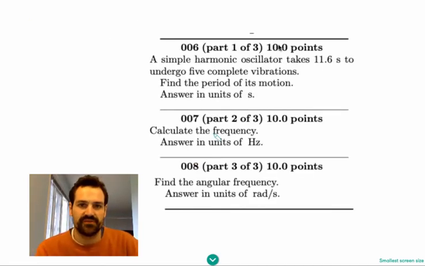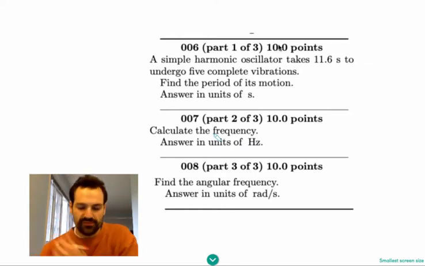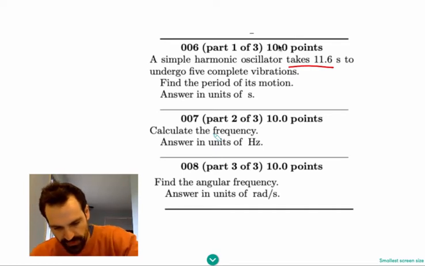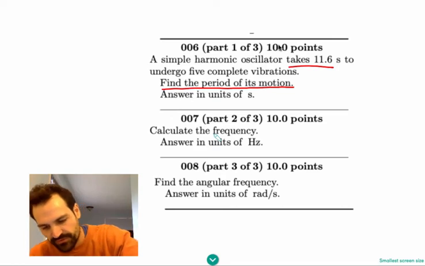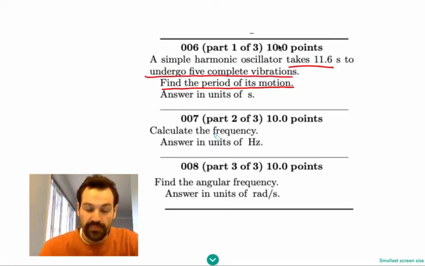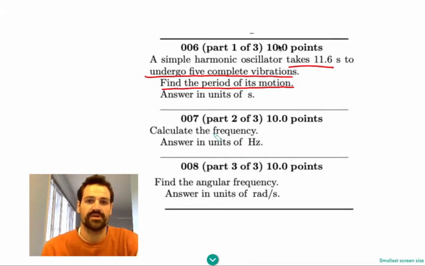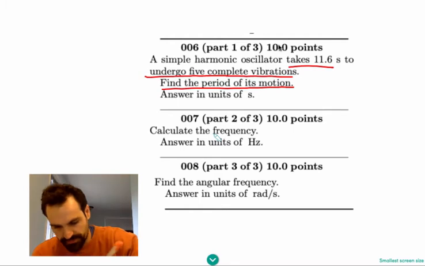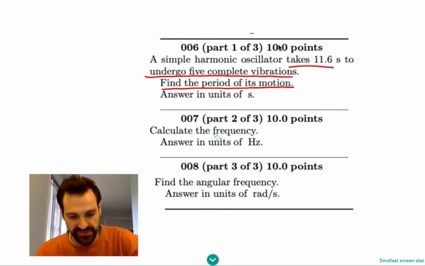Number 6, 7, and 8. A simple harmonic oscillator takes 11.6 seconds. They want us to find the period to undergo 5 complete vibrations. And remember, one vibration is the same as one oscillation. And the period is the amount of time for one full cycle.